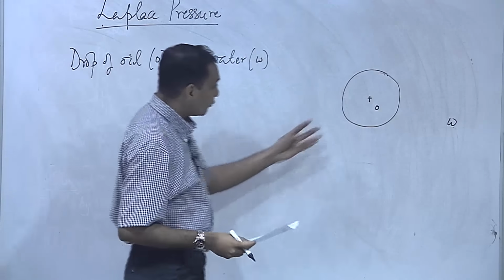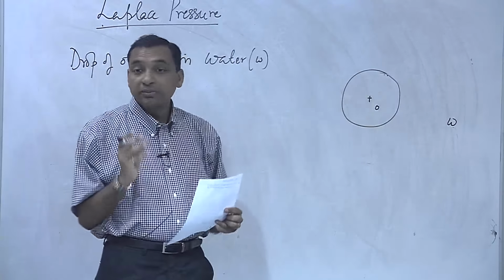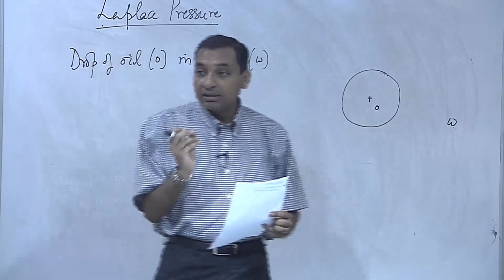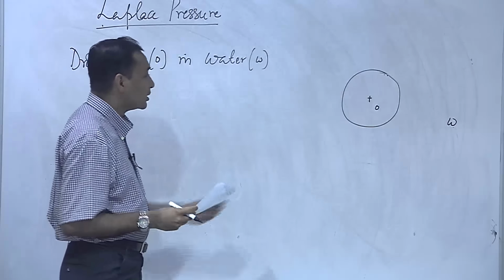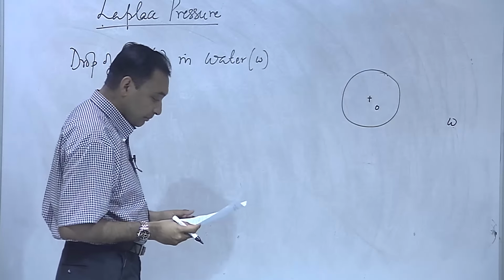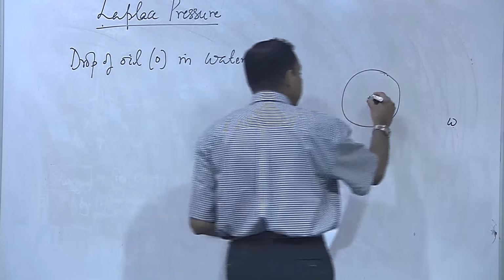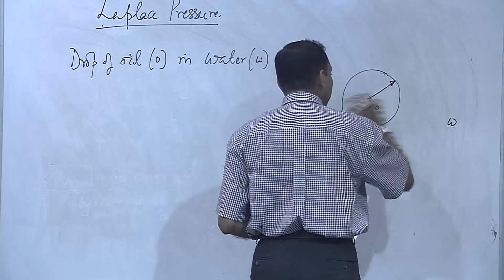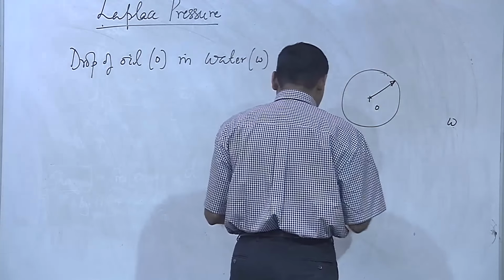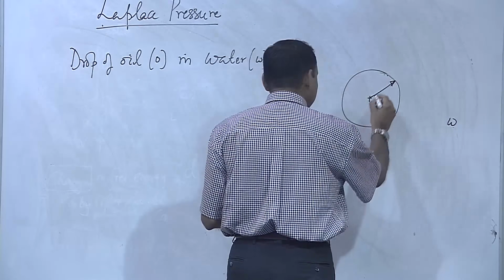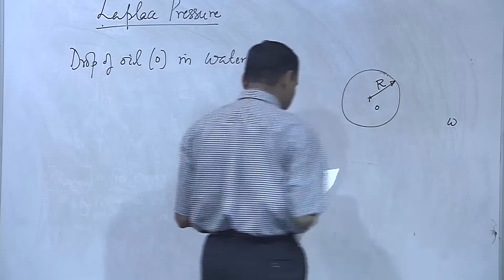And of course, the oil drop will always be spherical, because that is the lowest energy state. It is to reduce its surface energy that it is in the spherical shape. Let us consider that it attains the lowest energy state in terms of surface energy with a radius r.